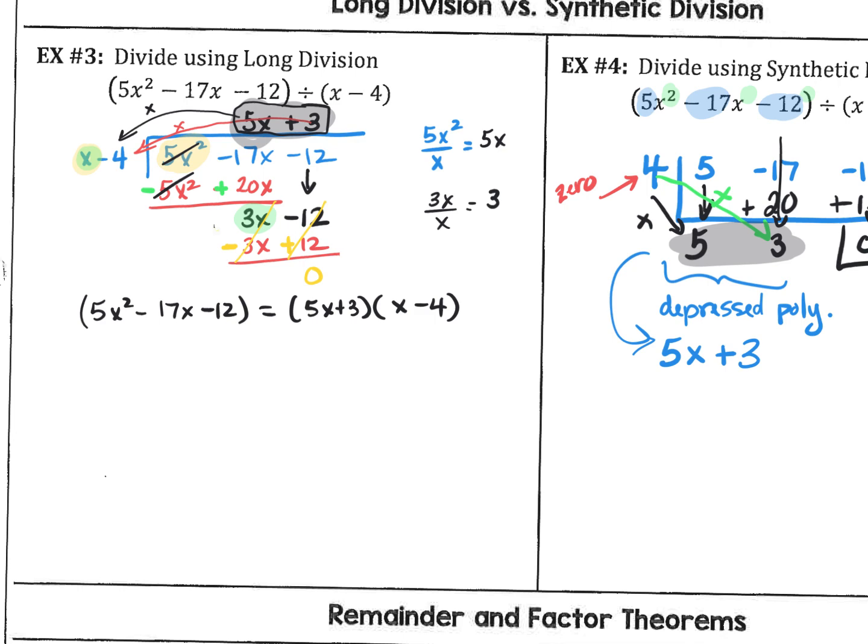Which method do you like better, long division or synthetic division? Yeah, synthetic's faster, isn't it? Now, when can we use synthetic and when do we have to use long division? We can use synthetic as long as there is only a 1 in front of the x. If it's just a plain x. If there is a number in front of that x, we cannot use synthetic division.